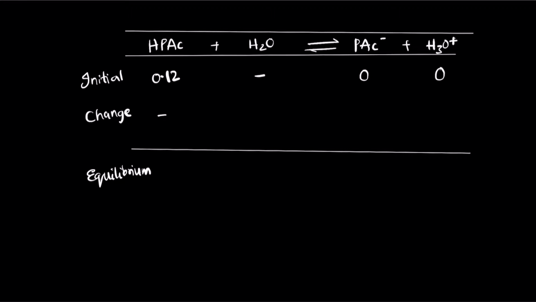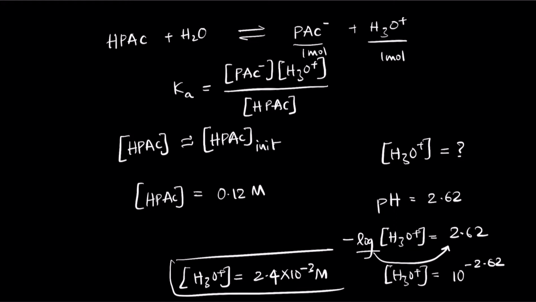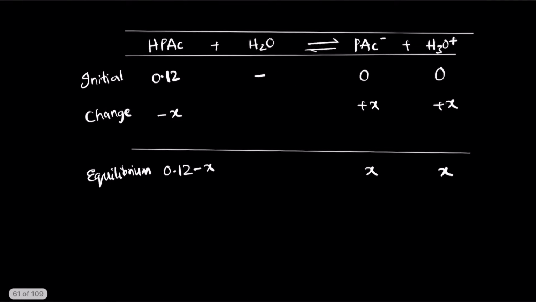The change here is negative x for HPAC, which means that there is a certain dissociation of HPAC, which causes an increase in PAC minus and H3O plus. So let's consider that as plus x and plus x. So at equilibrium, HPAC concentration will be 0.12 minus x, PAC minus is x, and H3O plus is x. We calculated that the H3O plus concentration is 2.4 times 10 to the power negative 3 M, which means that x is nearly equal to 2.4 times 10 to the power negative 3 M.